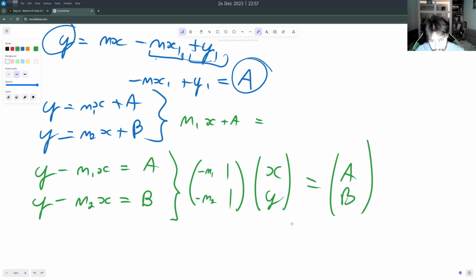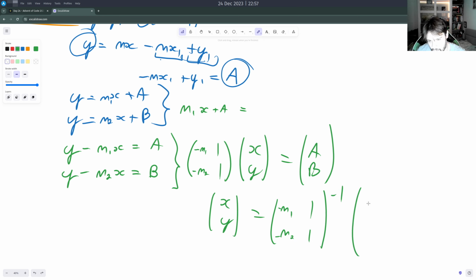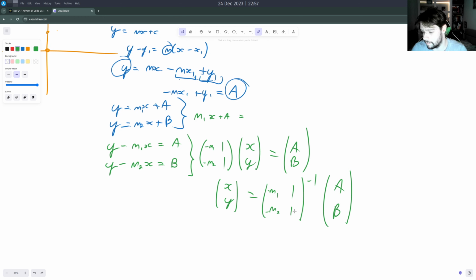To solve for x and y, the other ones are known, so (x, y) is equal to the inverse of that matrix times (a, b). A little bit of fairly basic linear algebra.